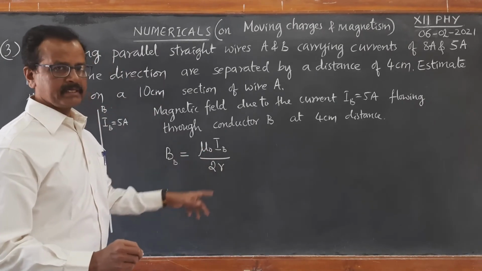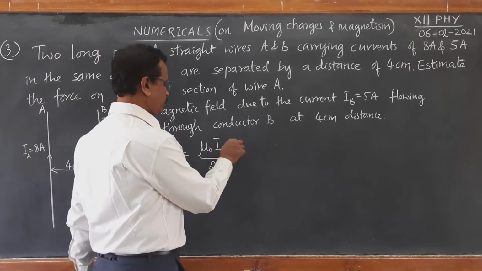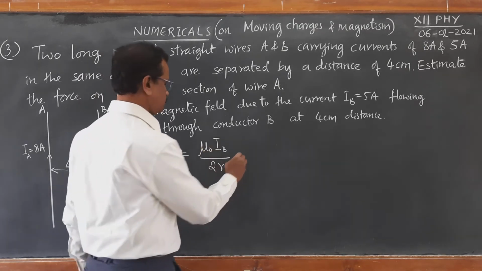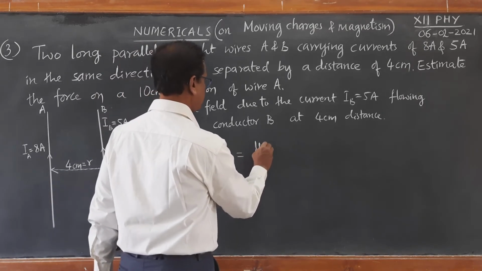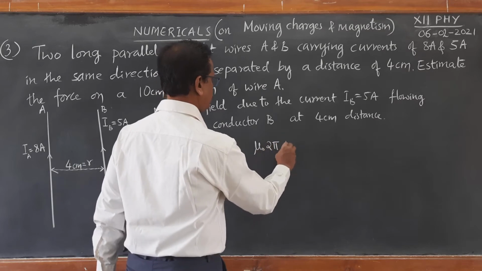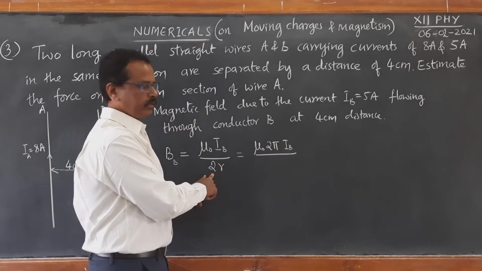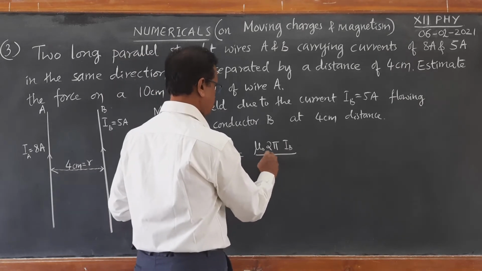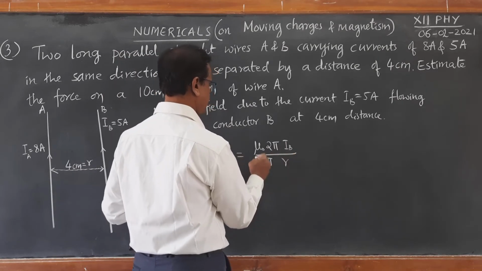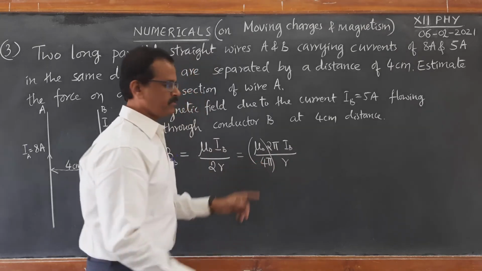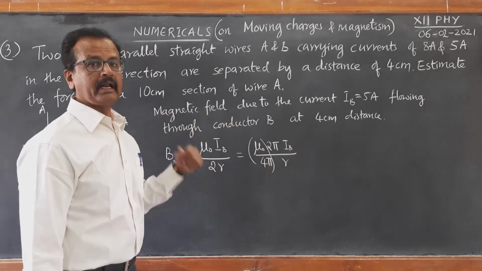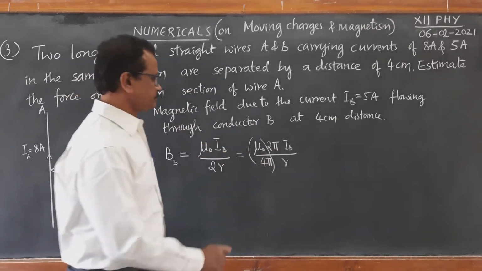So to make it simple for our calculation, you have to multiply and divide by 2 pi. So that it becomes mu naught into 2 pi IB divided by 2 pi into 2, it becomes 4 pi. So 4 pi into R, so that I can take mu naught by 4 pi as 10 raised to minus 7 directly. So this is simple.